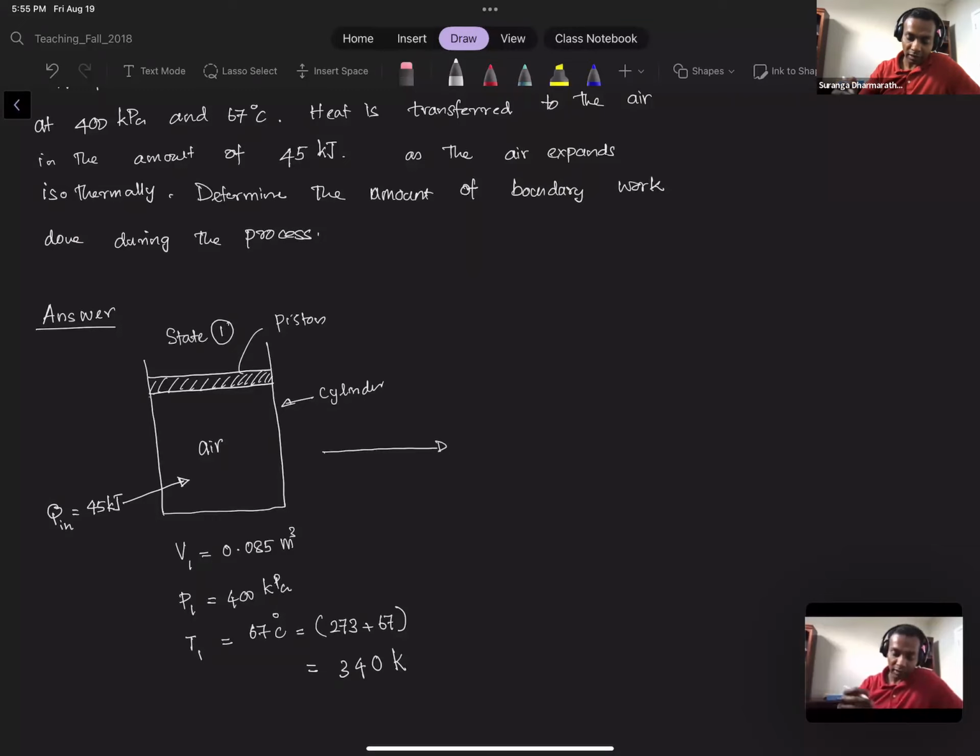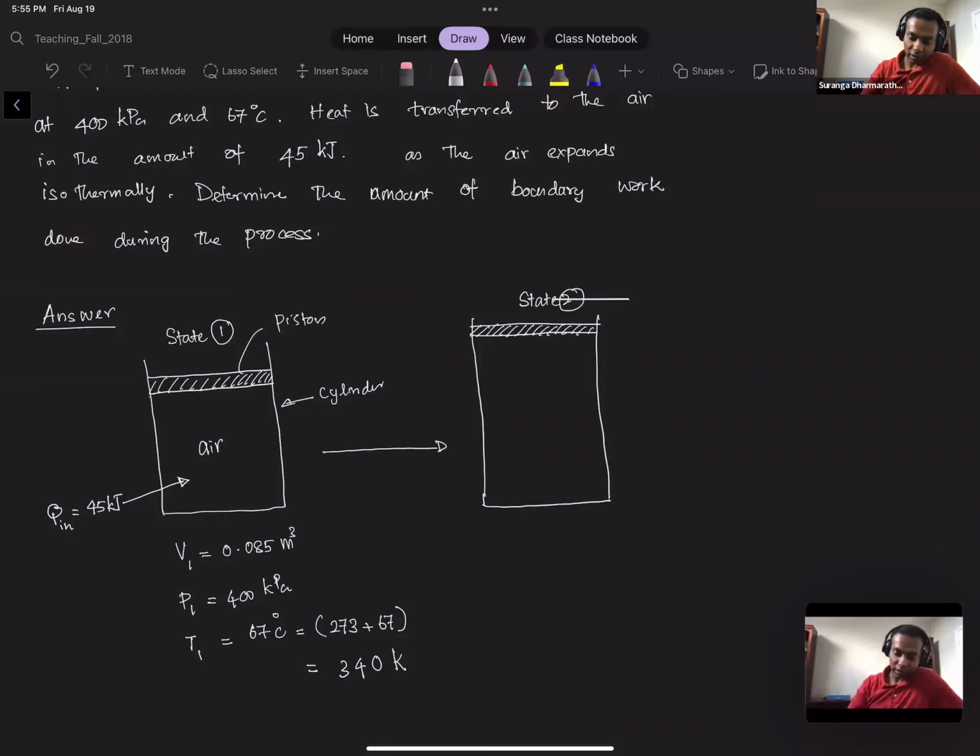And then the system, that means the air inside the piston cylinder device, which is a system in this case, is converted to a different state. System goes to a different state. Now the volume has been changed because it expands, and this state is called state 2.